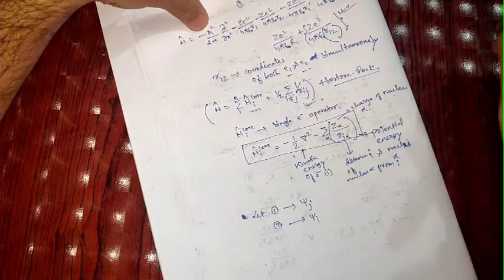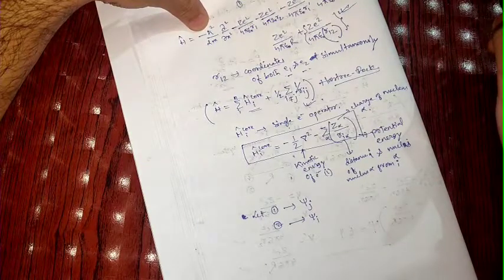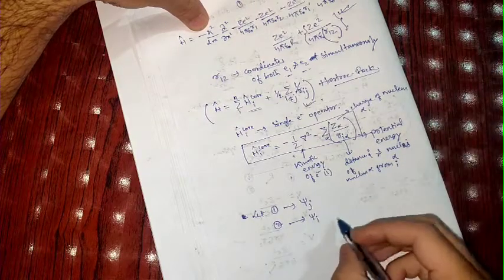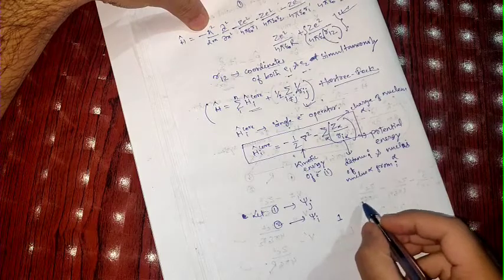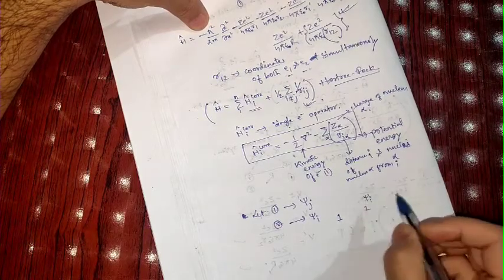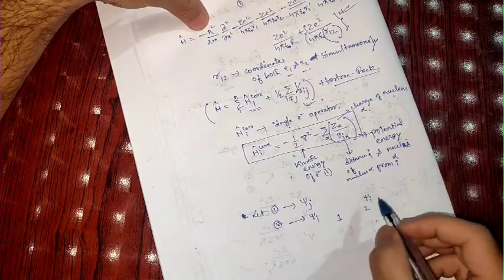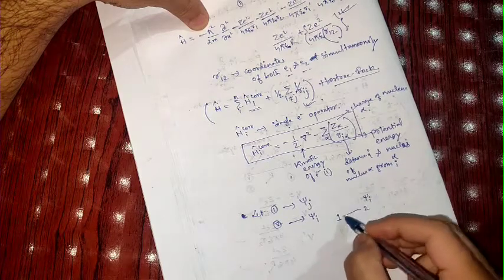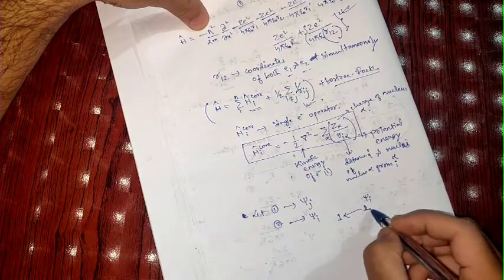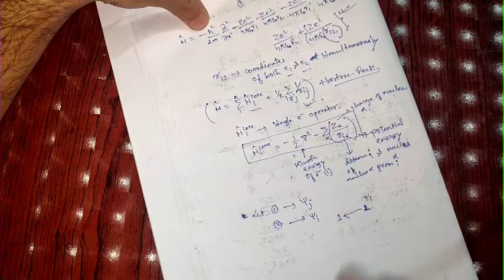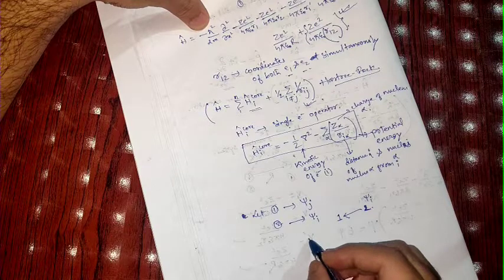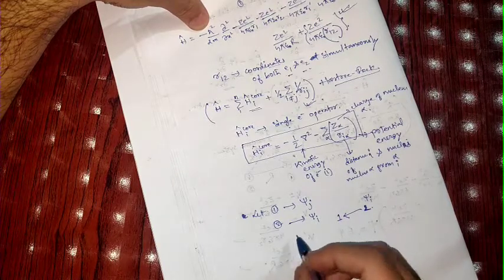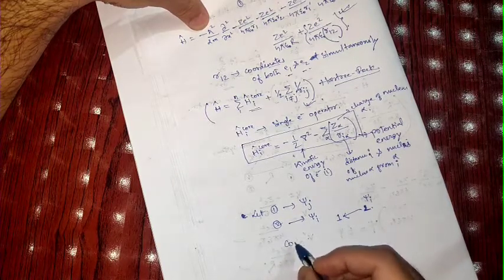Suppose electron 1 is somewhere in the field of electron 2, which occupies psi i. So the potential energy experienced by electron 1 as a result of electron 2 can be written in the form of a Coulomb operator.